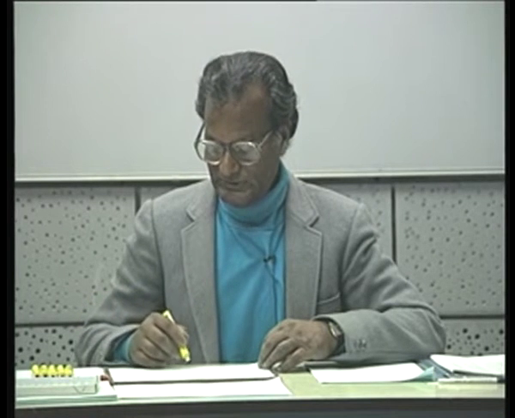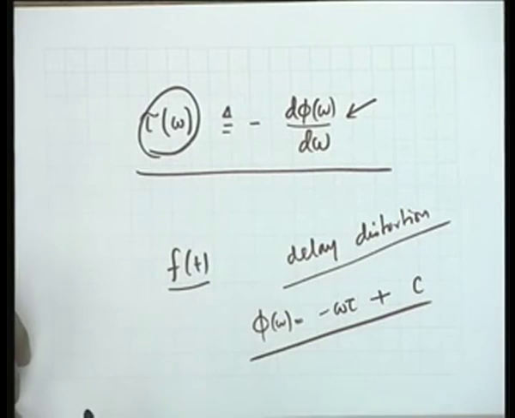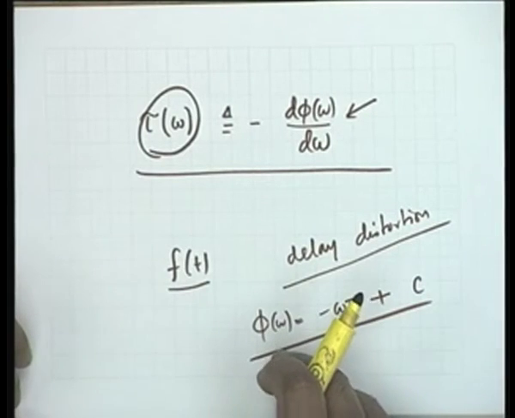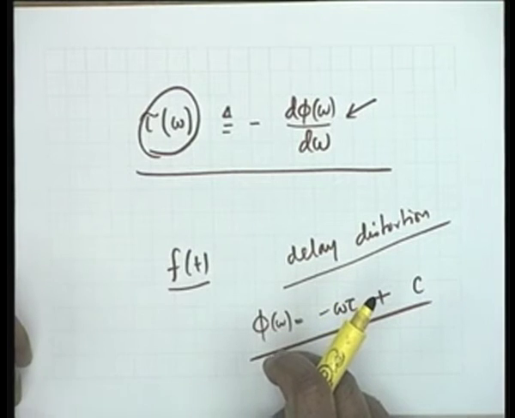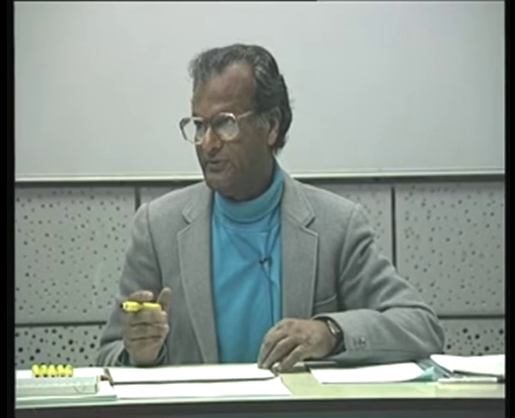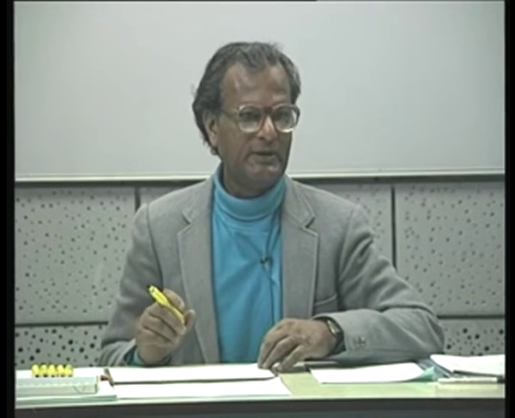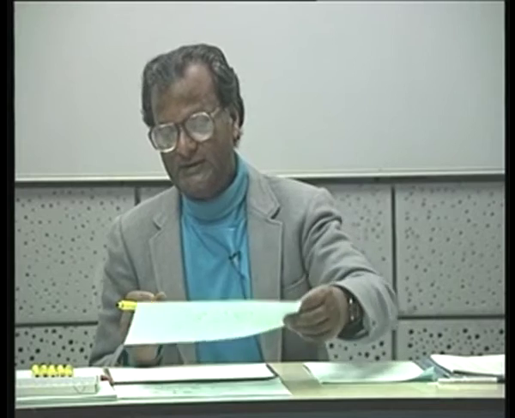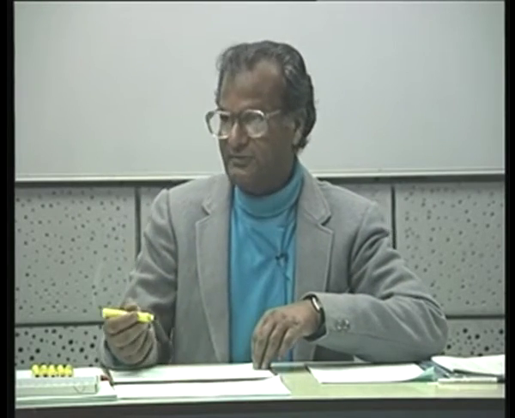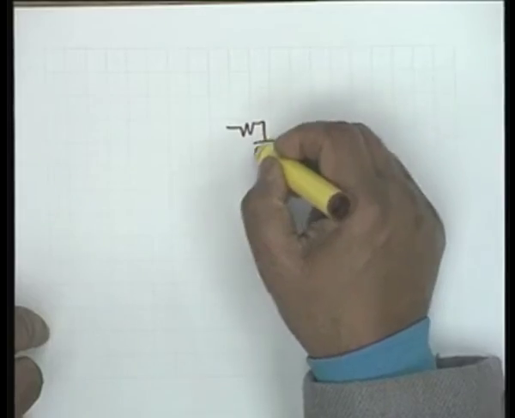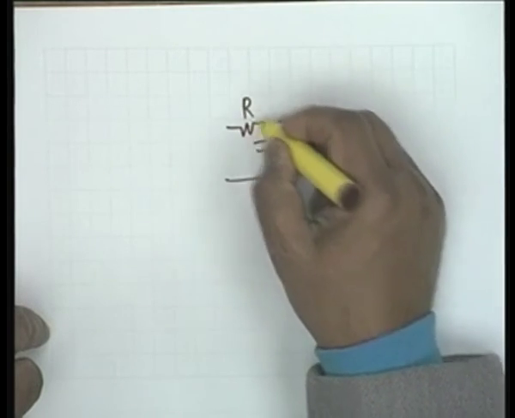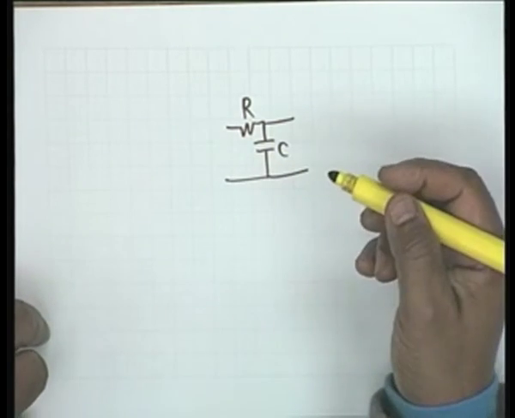But the point that I want to illustrate to you is that delay is not a parameter of the network, it is a performance characteristic of the network, and ideally we would need phase to be linearly related to frequency, then there shall be no delay distortion. You can easily verify this for simple networks, for example RC, the low pass filter.